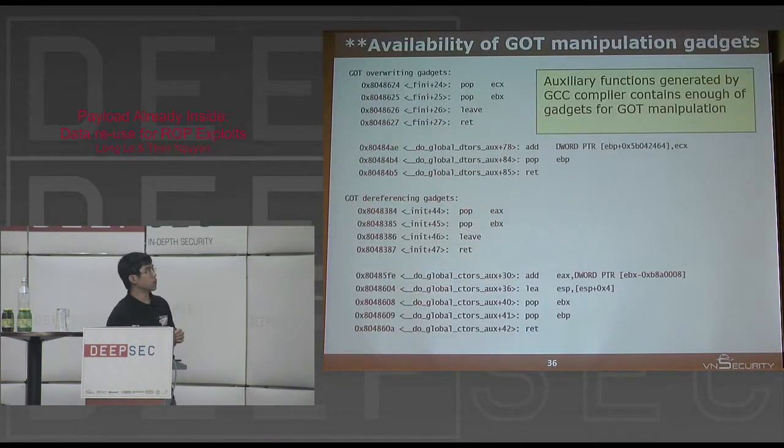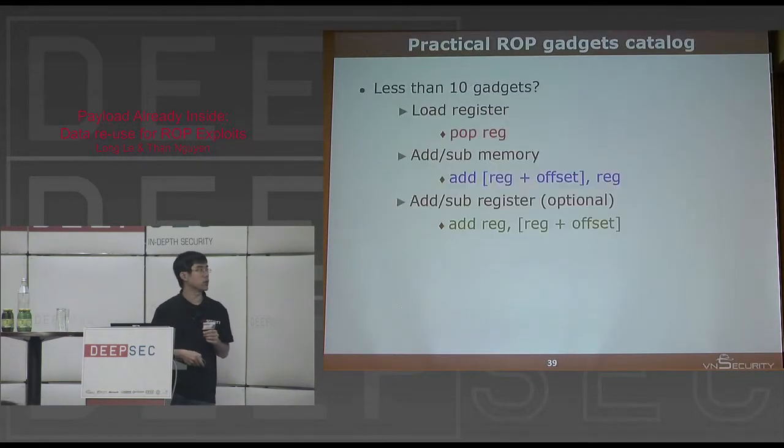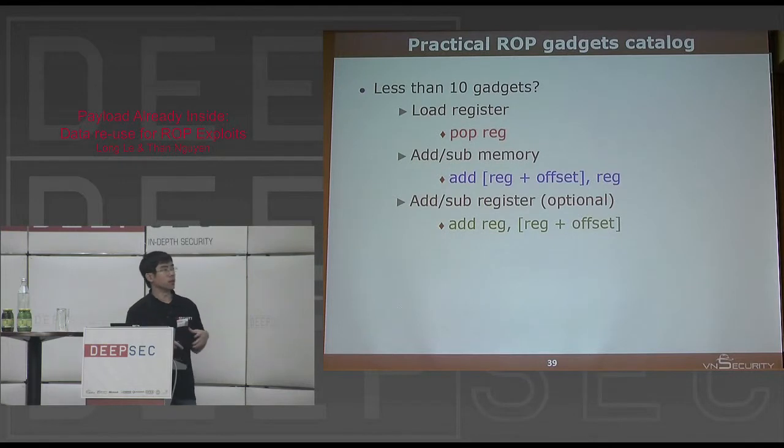So that's why we were talking about those ASCII functions in GCC, where it's less dependent. I don't care what the program is doing, because those gadgets are always available in the destructor and constructor functions of the libc of the GCC-generated program.